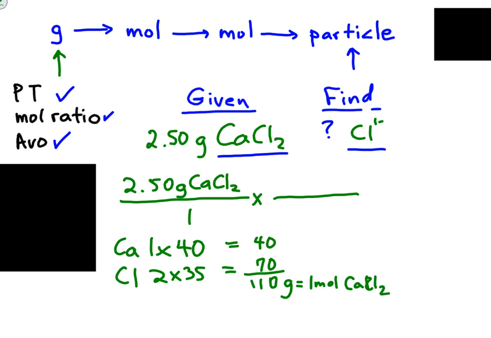Okay, so this is 110 grams CaCl2 is equal to 1 mole CaCl2. Whoops, we're not going to do an equal, we're going to do more times. Now, where am I after I get this part up?